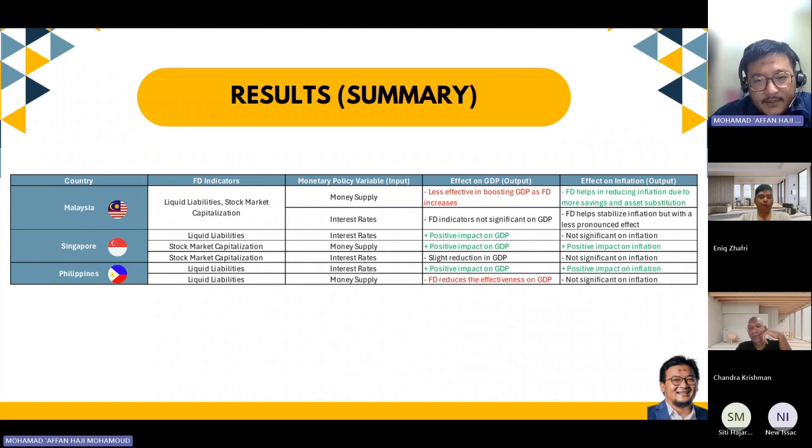These are summarized here. In terms of comparisons between these three countries, Malaysia and the Philippines have more or less similar results, a bit different, but Singapore is on another level in terms of the monetary policy input, for example, monetary supply as well as the interest rate.